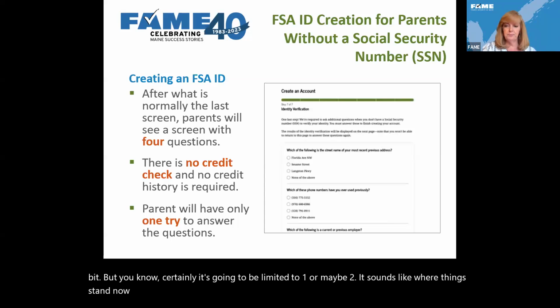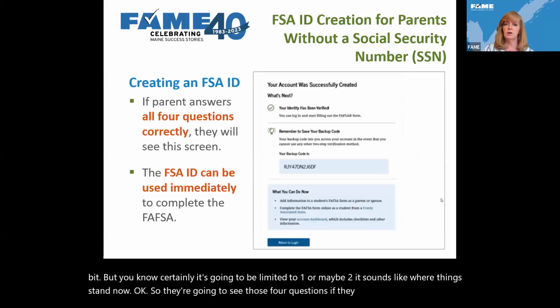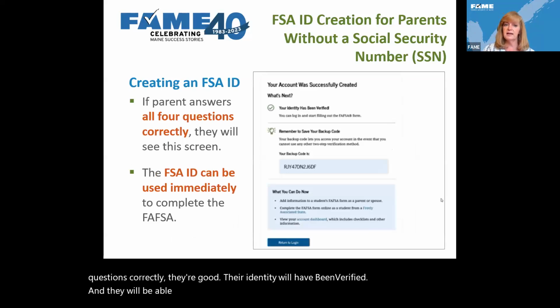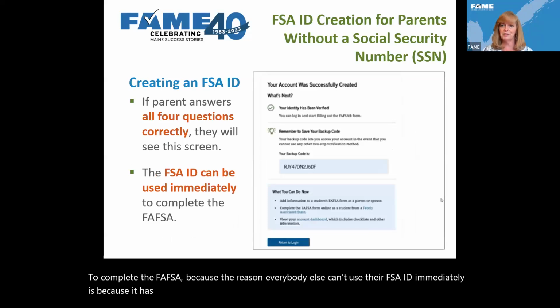Okay, so they're going to see those 4 questions. If they answer those 4 questions correctly, they're good. Their identity will have been verified, and they will be able to use their FSA ID immediately to complete the FAFSA. The reason everybody else can't use their FSA ID immediately is because it has to match with the Social Security Administration. Well, they don't have a social, so there's no social to match.